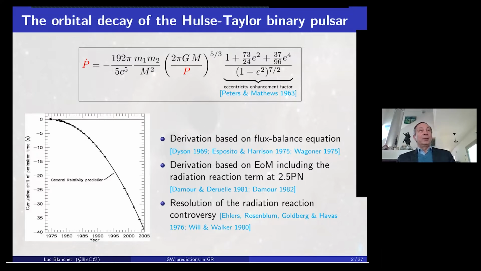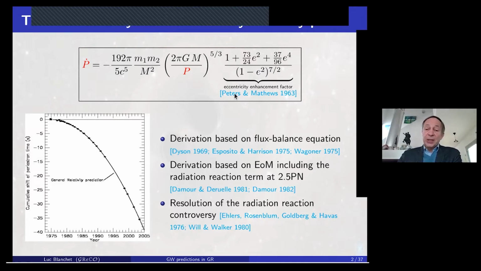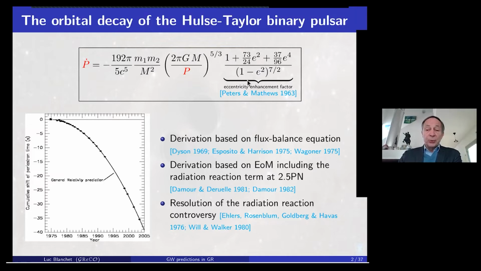If you compute that formula in the case of binary systems made of two delta functions, say two point masses, it was first done by Landau and Lifshitz in the famous treatise on field theory in the case of circular orbits, and this was generalized by Peters and Mathews to include eccentric orbits.